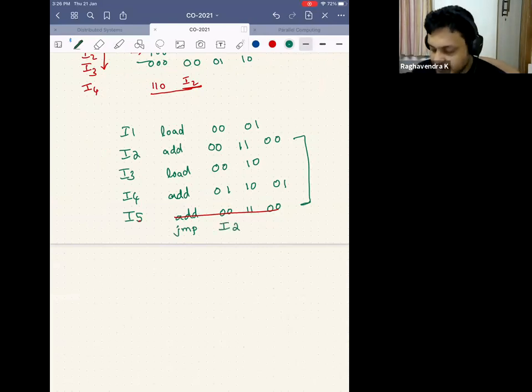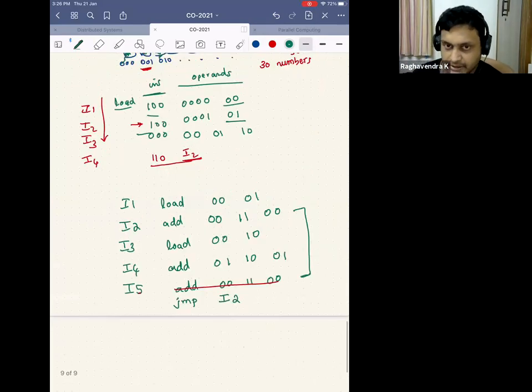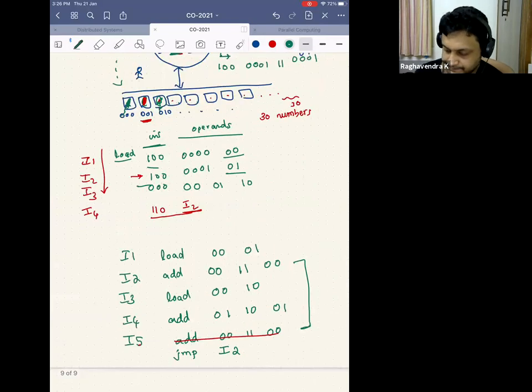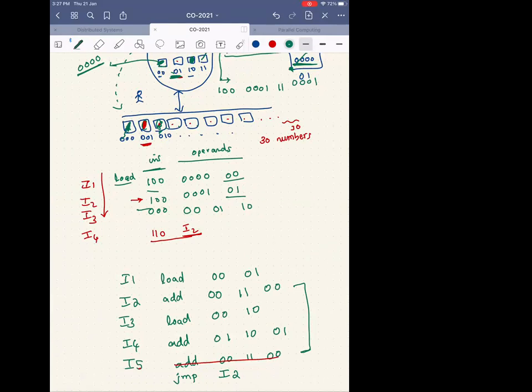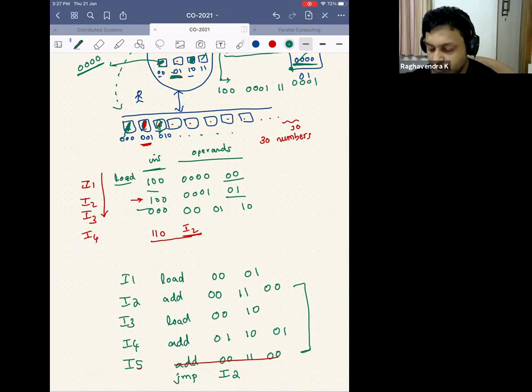Does everybody agree with this problem statement and the solution that we came up with? Does this work? We need to put one termination condition, but otherwise it will work. If I don't put a termination condition, what will happen? I can keep adding not just 30 numbers, I can keep adding infinite numbers, assuming that after 000 it just goes on infinitely.